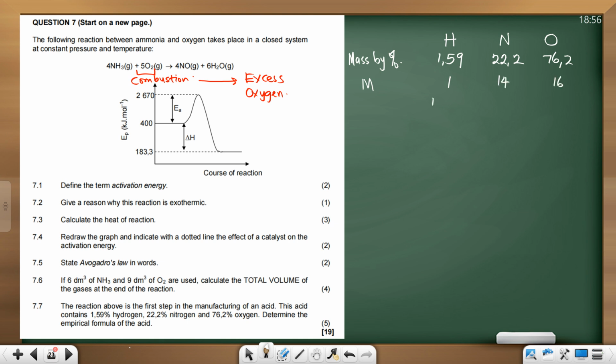Can we divide? 1.59 over 1, 22.2 divided by 14, 76.2 divided by 16. Quickly give me answers. 1.59. 1.5857, which is basically 1.59, which will be 1. This will be 3 point something.